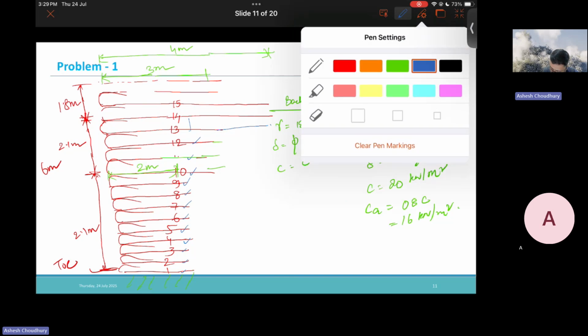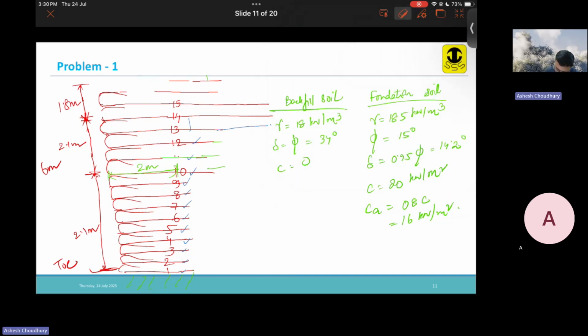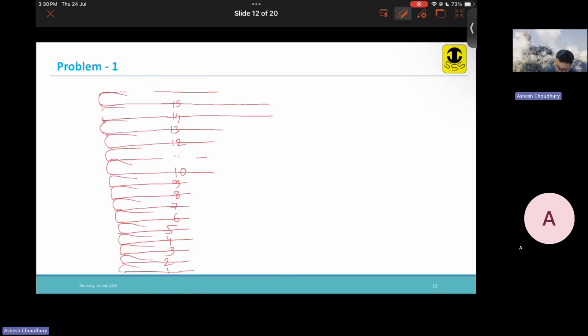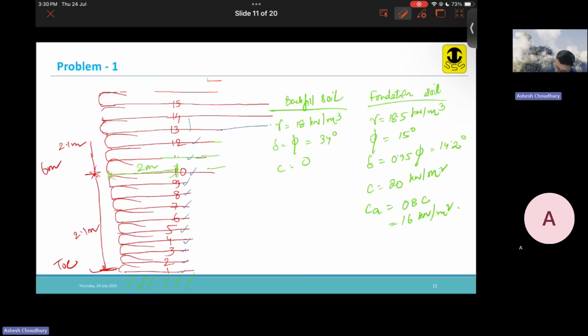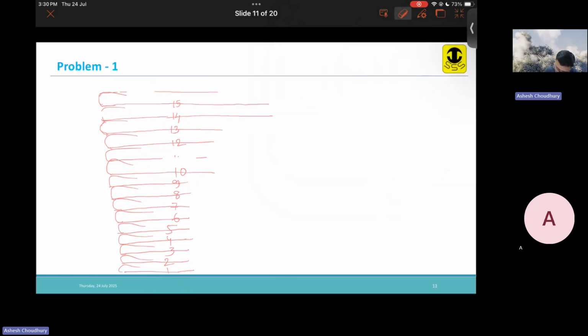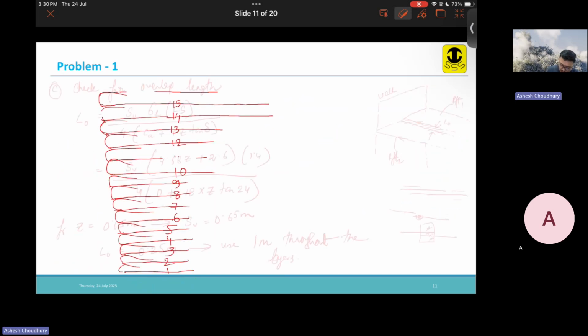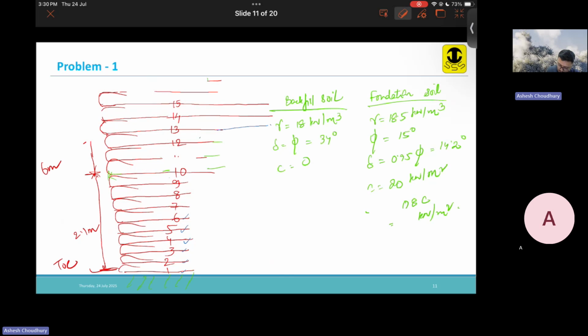What I will do here, I will insert the image from the book itself. And when you redo this part by yourself once, you take the dimensions that were adopted by us.